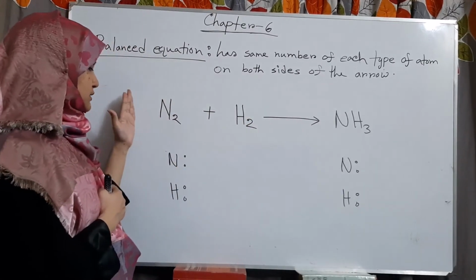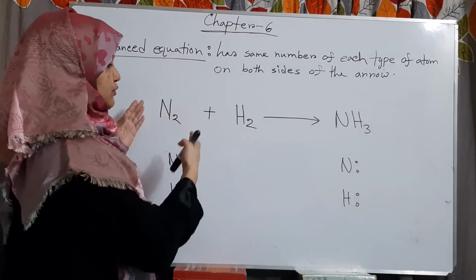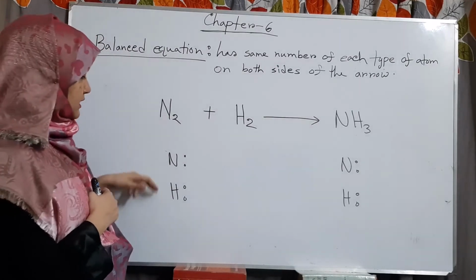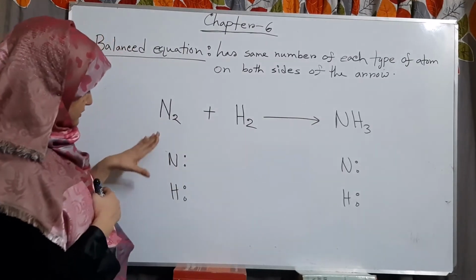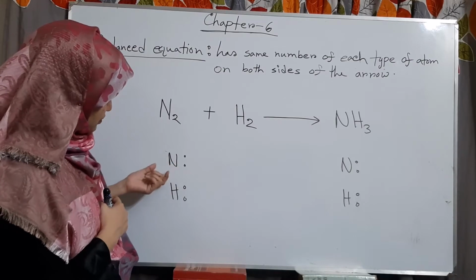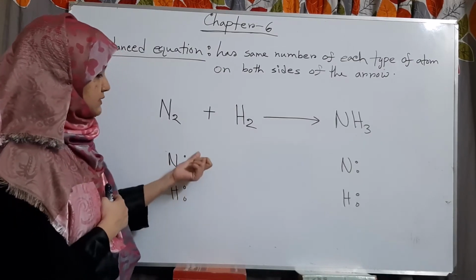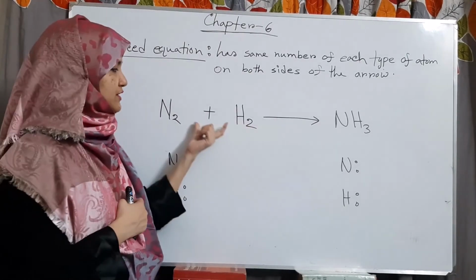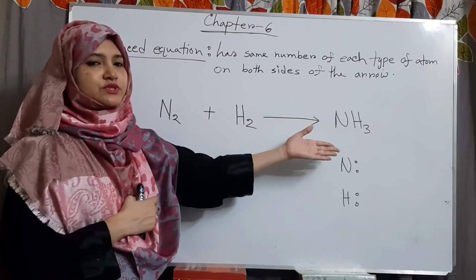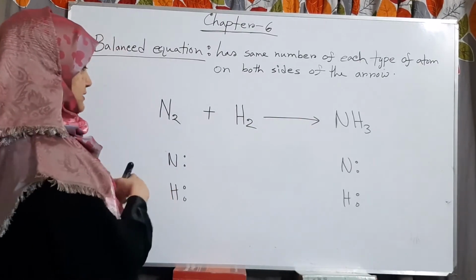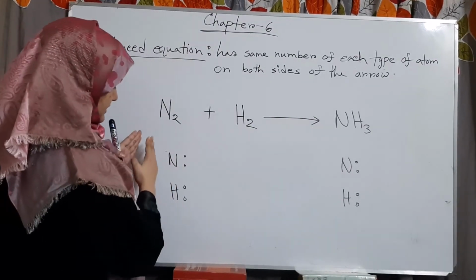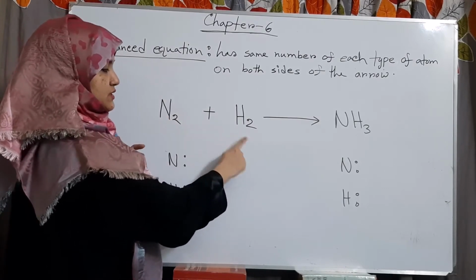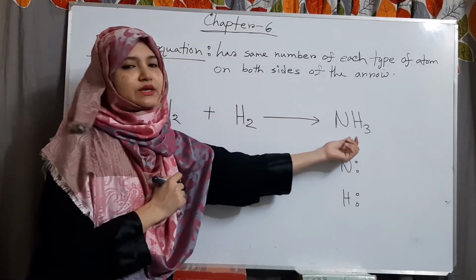Now we are going to make a simple chart in which we will write the number of hydrogen and nitrogen atoms present on both sides. Let's start. This is our equation, a very important equation. Nitrogen and hydrogen react with each other and produce ammonia gas.